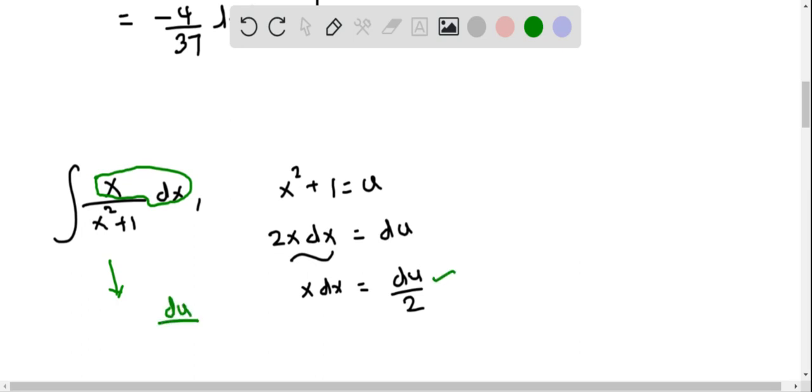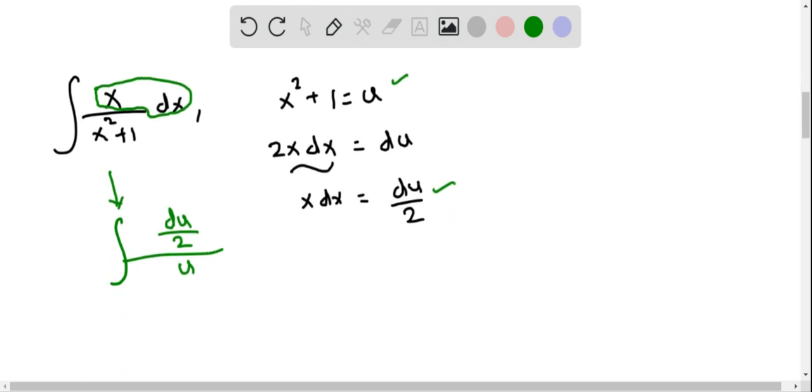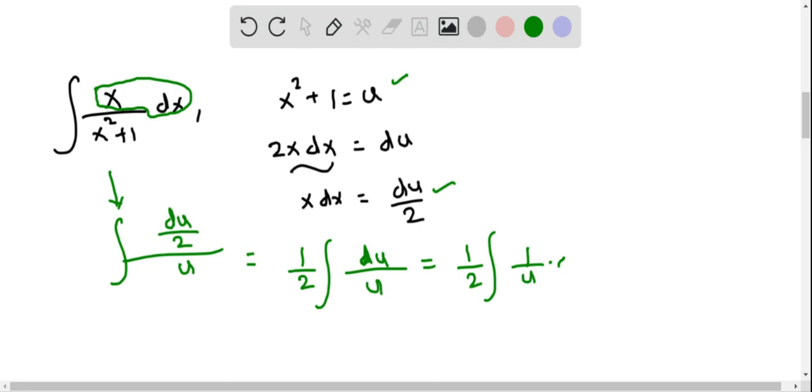So I put du over 2, and then x squared plus 1 in the denominator is replaced by u. So basically this integral gets converted to this expression in terms of u. Since 1 by 2 is a factor, we take it out of the integral, and this reduces to du over u. This is a standard integral, 1 by u du.